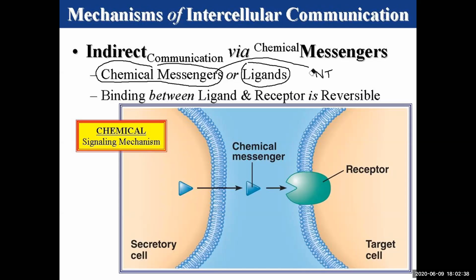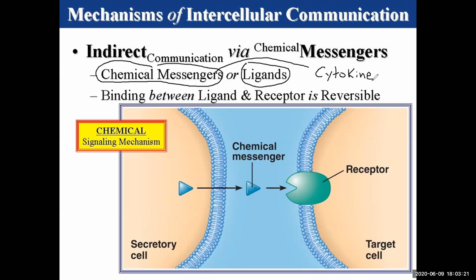If it's the endocrine system, then the chemical messenger is called a hormone, H-O-R-M-O-N-E. One hormone, two or more hormones, add an S at the end. And if the chemical messenger is used by the immune system, then it's called a cytokine.